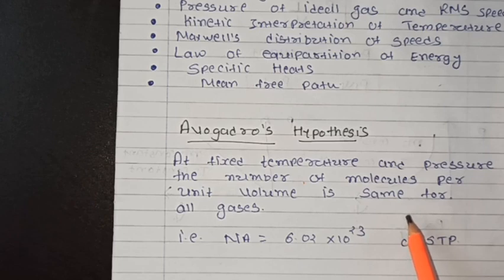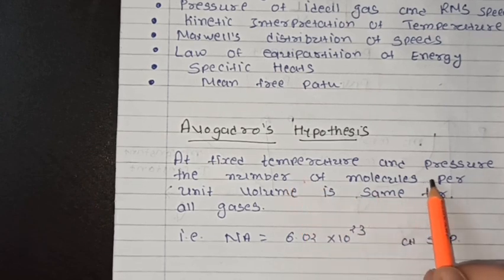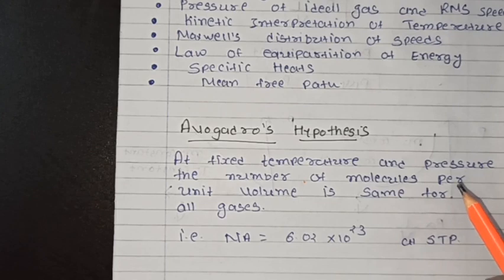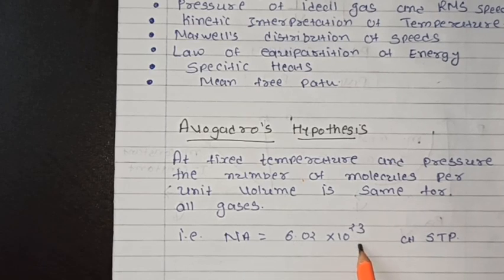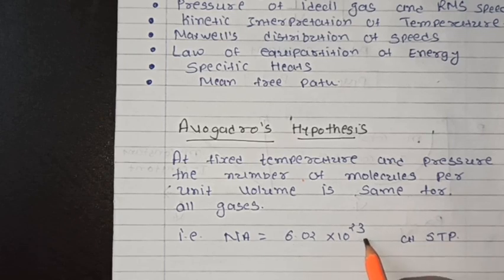If we take gases at fixed temperature and pressure, let's say at STP, the number of molecules in any gas per unit volume are the same, and that is 6.02 × 10^23 molecules. This is called Avogadro's number, and this is the number of molecules at STP.